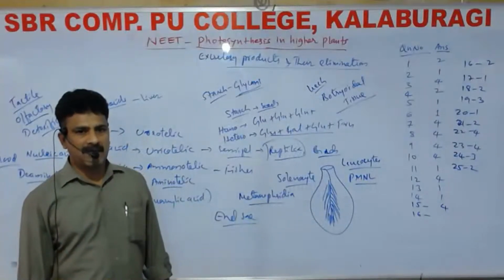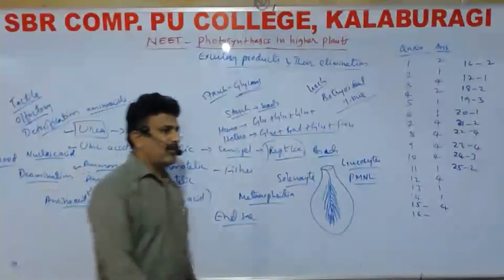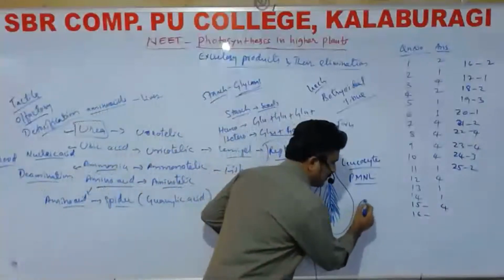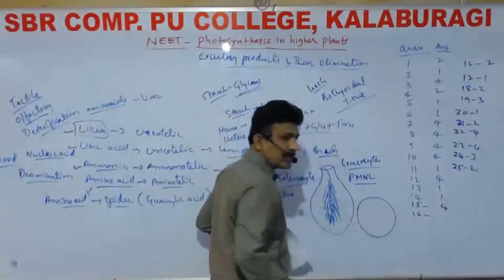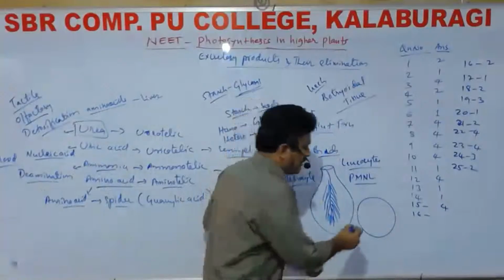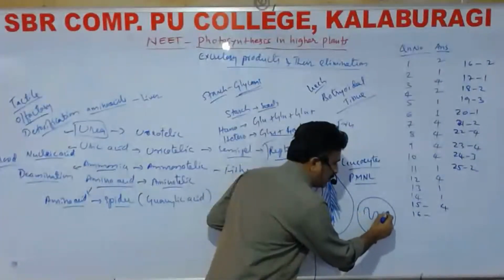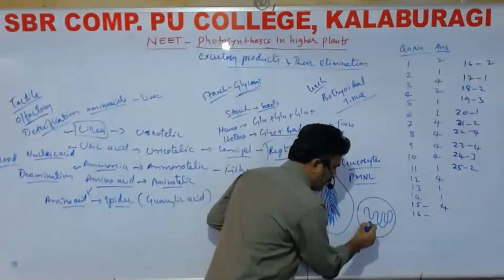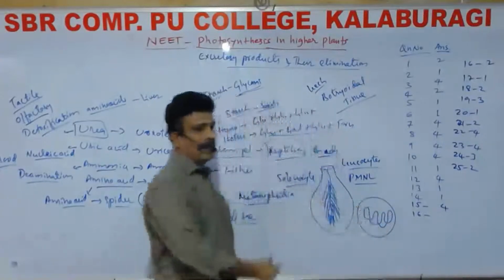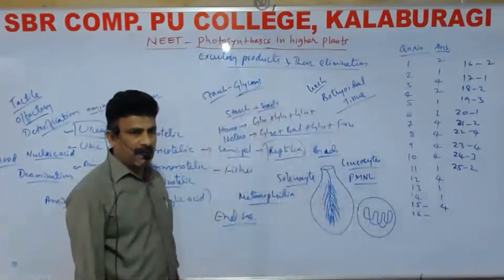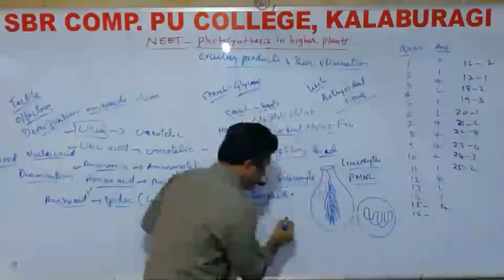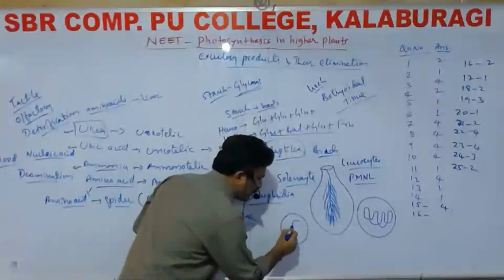Polymorphonuclear leukocyte cells. Polymorphonuclear leukocytes means the cell possesses a nucleus that is mainly modified into lobed ones. Like this lobed nucleus we are going to observe. Instead of a single nucleus, they possess a lobed nucleus.